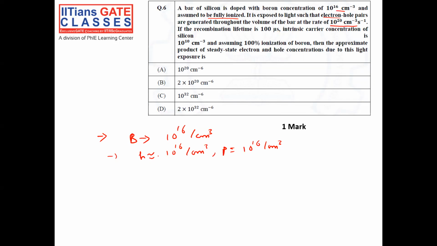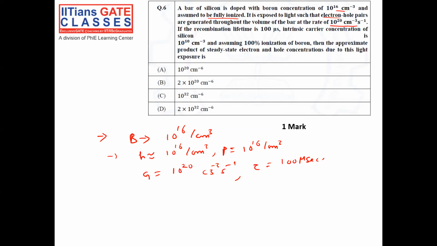The rate of generation G is 10 power of 20 per cm cube per second. The lifetime is tau, which is 100 microseconds. What is lifetime? When an electron hole pair is generated, it stays approximately 100 microseconds in the semiconductor before it recombines.